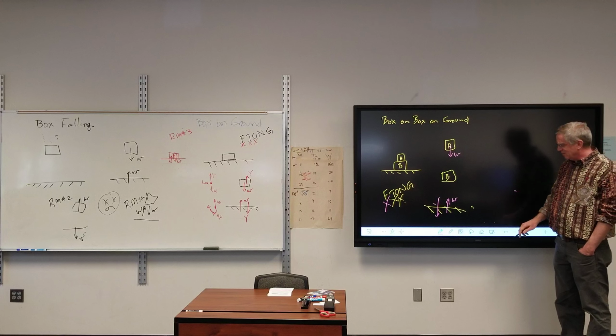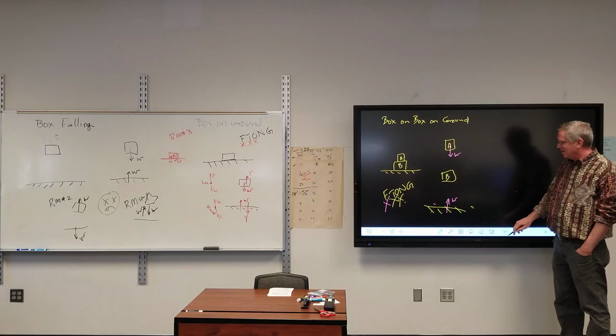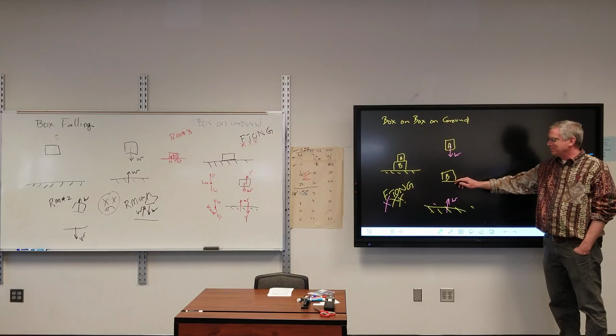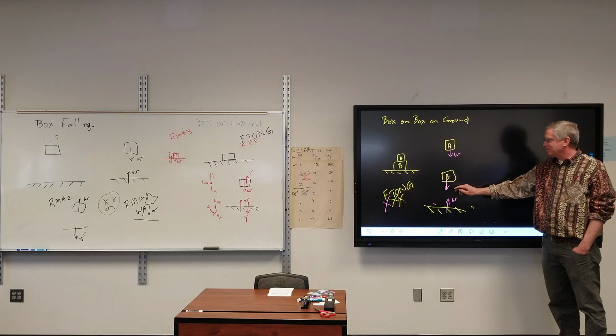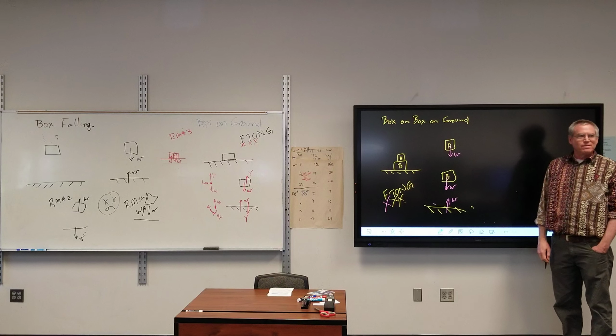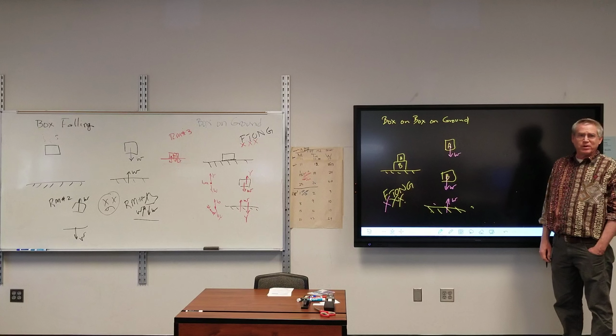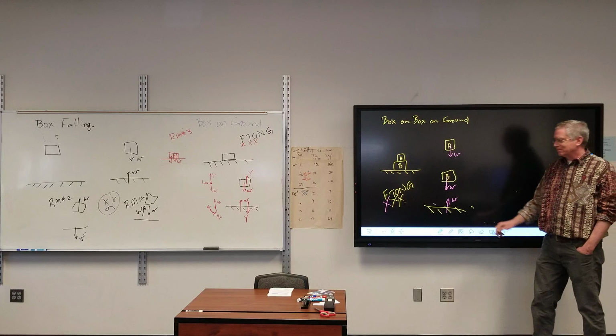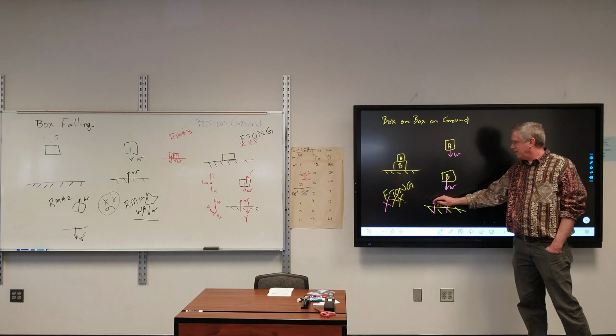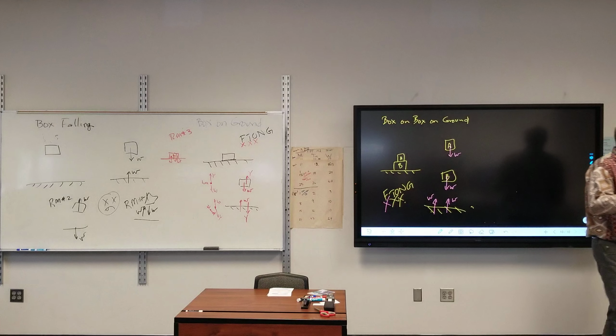How'd I have it over there? Pointing towards the earth, but not actually touching it. But touching the box, the bottom, okay. So down on B. And where's the other part of that pair? Up on the ground.